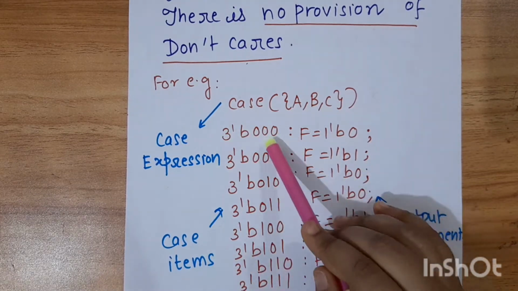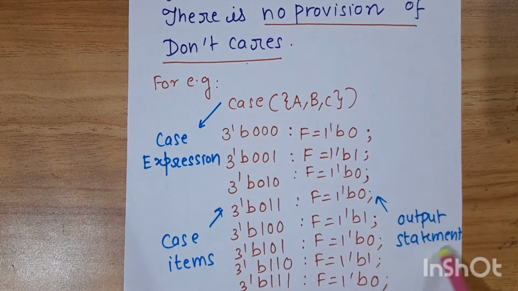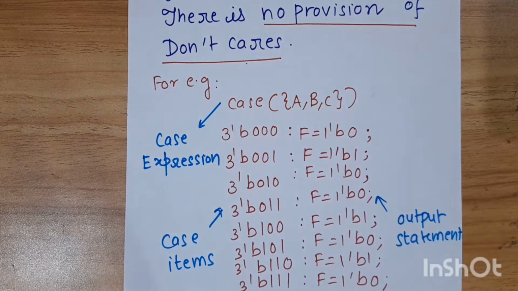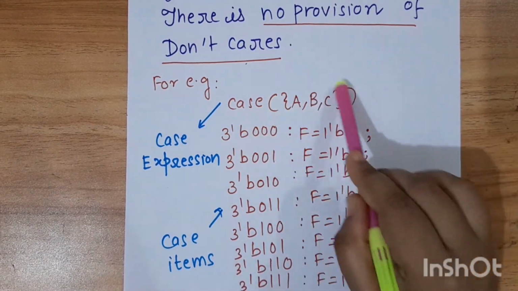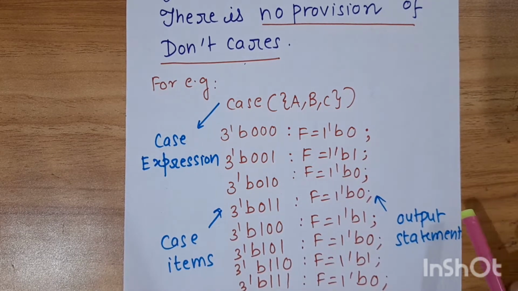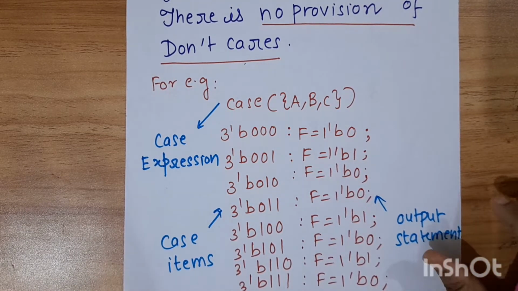So I have 8 case items and this is the output statement. When ABC together forms any one of the case items, I will get the respective output. This is like a lookup table.